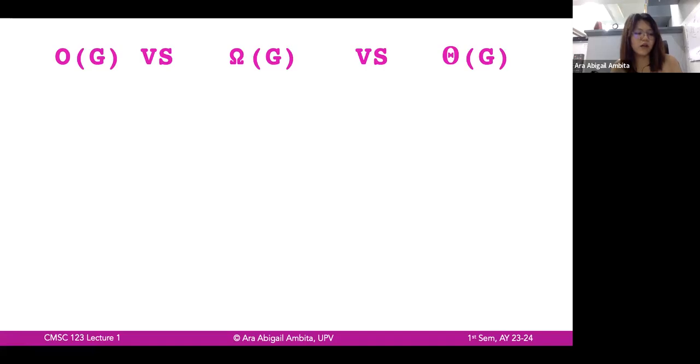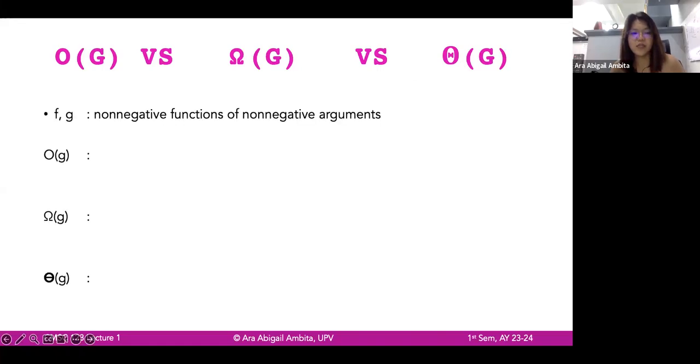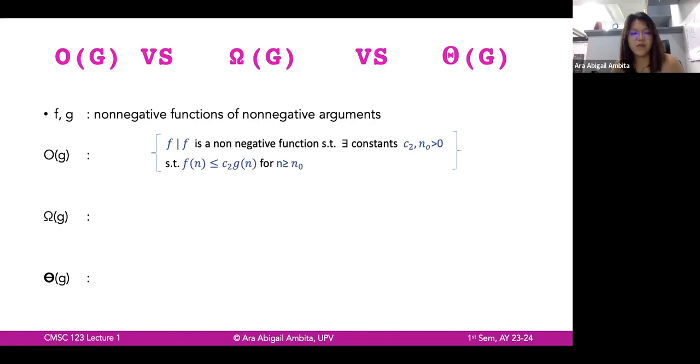Okay. Now, for a brief summary, these are the three most common asymptotic notations. We have the big O of g versus the big omega of g versus the theta of g. So what are the differences between the three? For the big O, f of n is less than or equal to c2 times g of n, so this g of n will act like an upper bound to f of n.